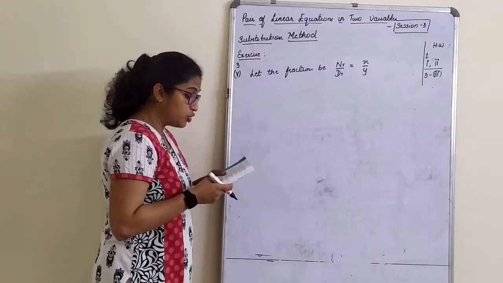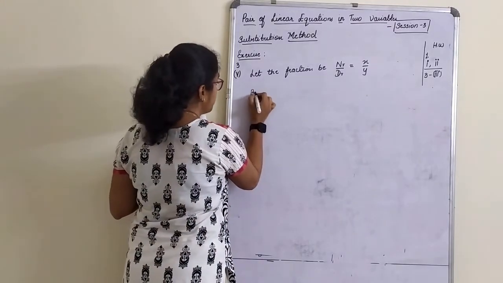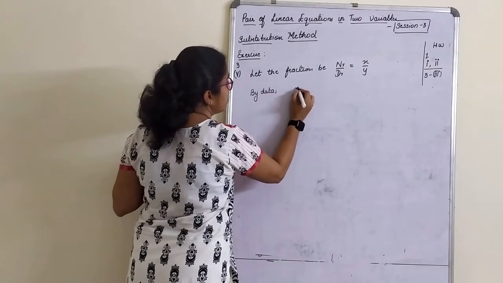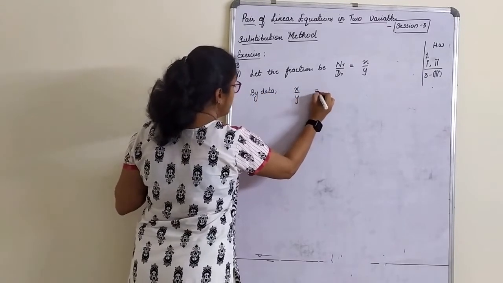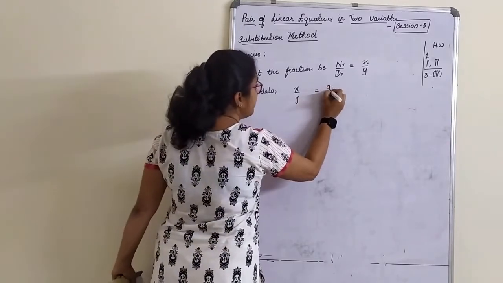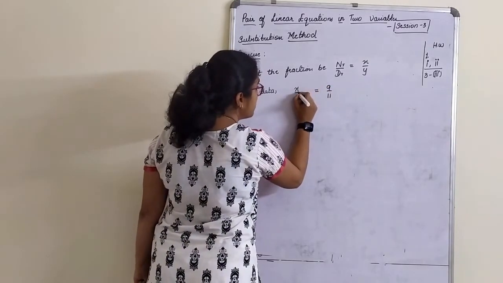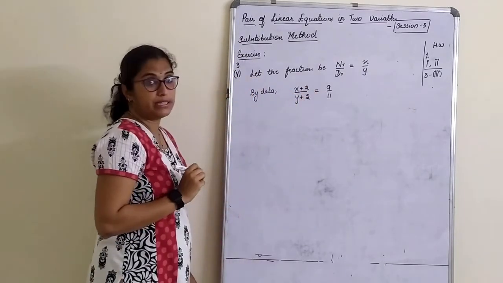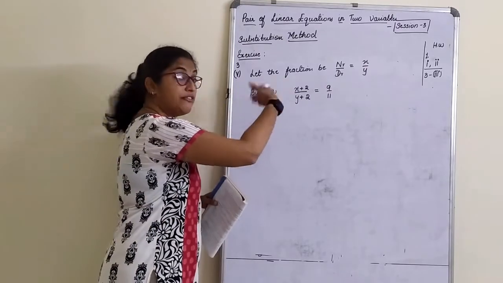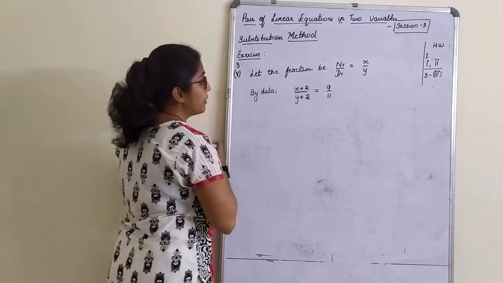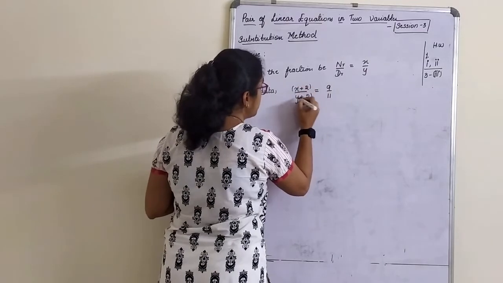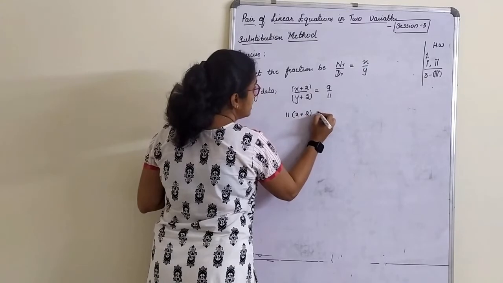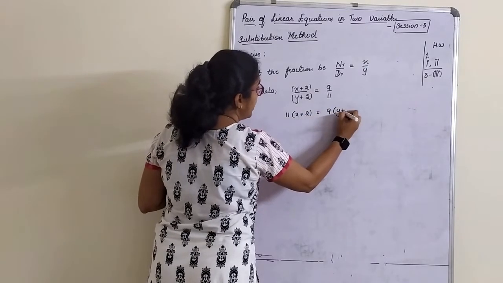Now by data, a fraction becomes 9 by 11 if 2 is added to the numerator as well as the denominator. Okay, so let's first simplify, get the equation and then go to the next one. So we just cross multiply this. It is 11 of x plus 2 is equal to 9 of y plus 2.